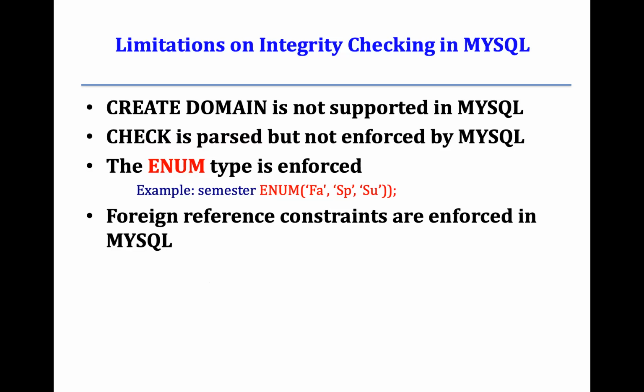They do have an enum keyword so that you can enumerate a set of allowable values. So I could say semester enum, and it will be limited to one of these 3 values. It used to be that foreign key constraints were not enforced, but they are now. This should say foreign key constraints.